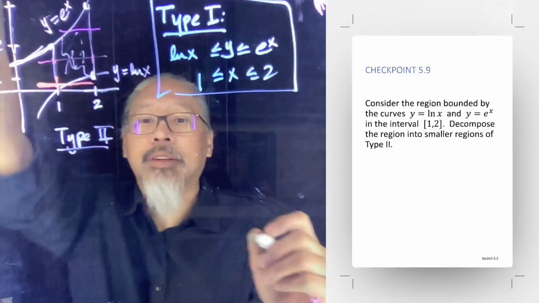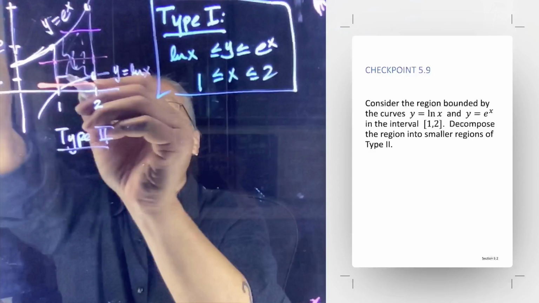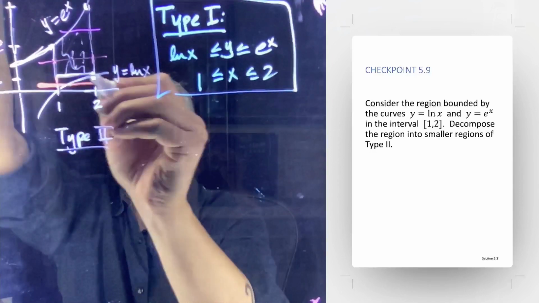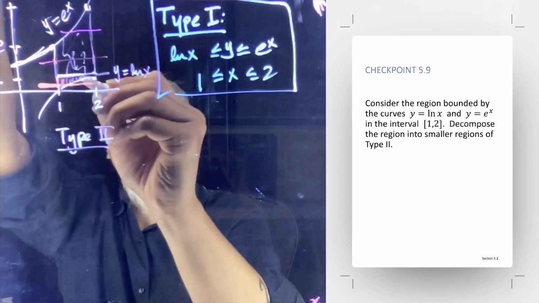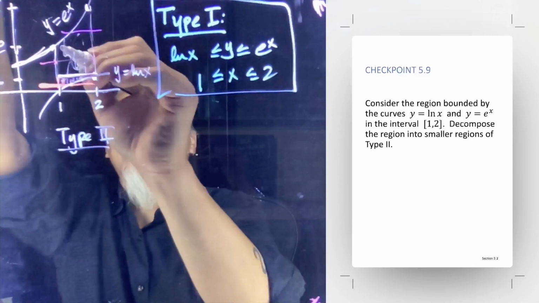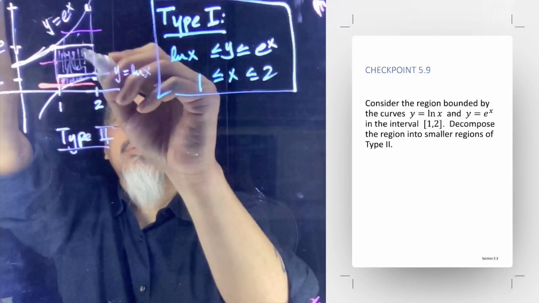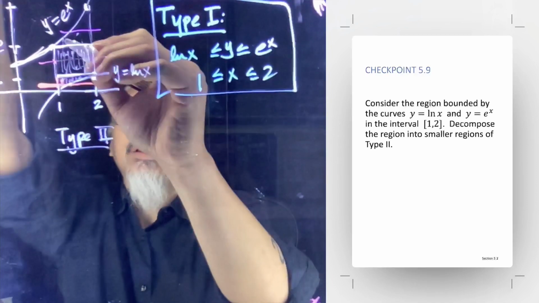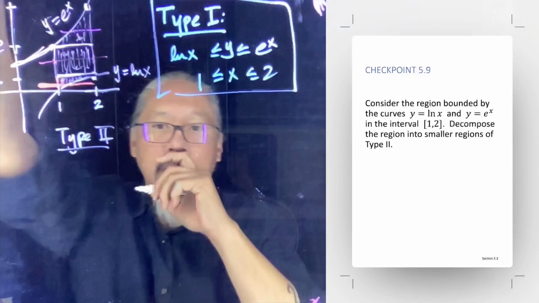So to handle this in type 2 region, we're going to need 3 separate sets of integrals. One integral will get cut off over here from the bottom part, so it'll be this integral here, and then we'll need a second set of integrals dealing with this part, and then finally another set of integrals dealing with the top part.